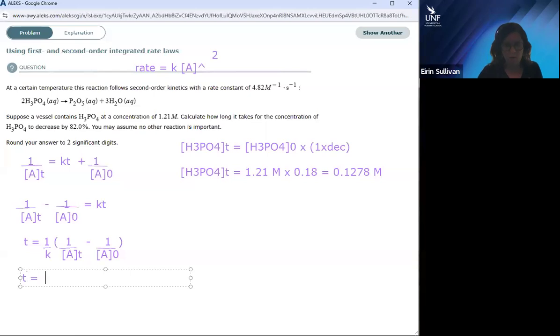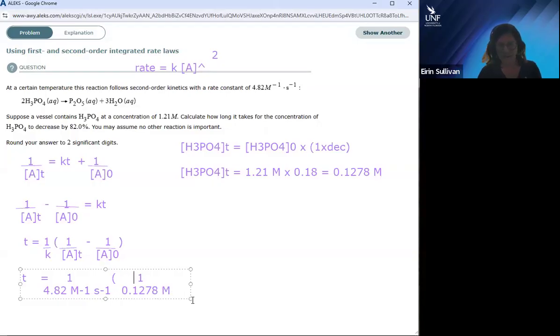But anyway, we will do the method. So 1 over k, 4.82 molarity to the -1 seconds to the -1, and then times 1 over, again you might need bracket, bracket, 1 over 0.1278 molarity.